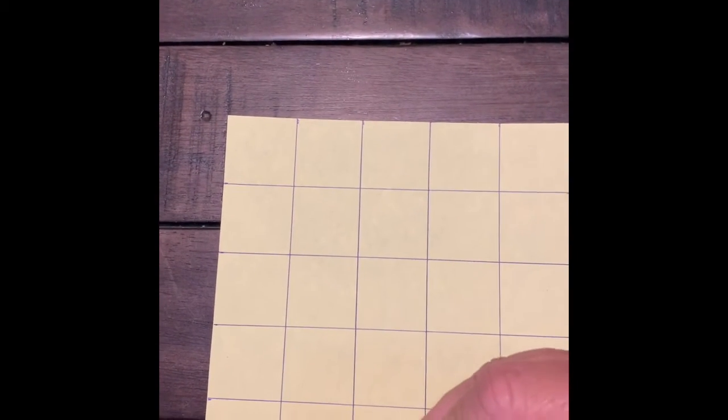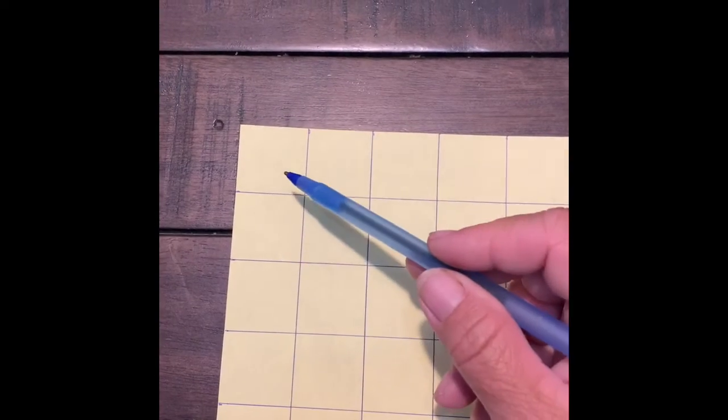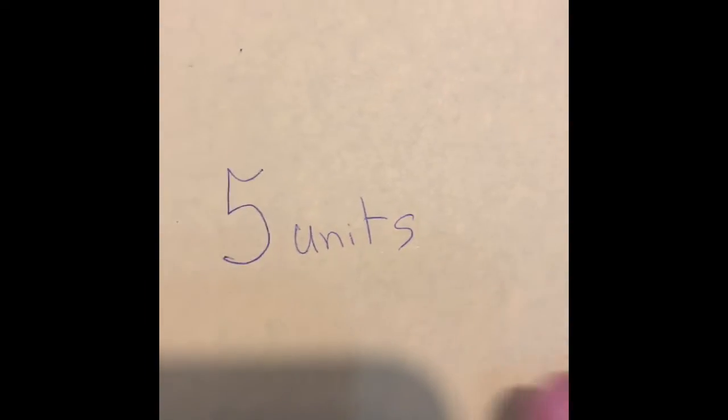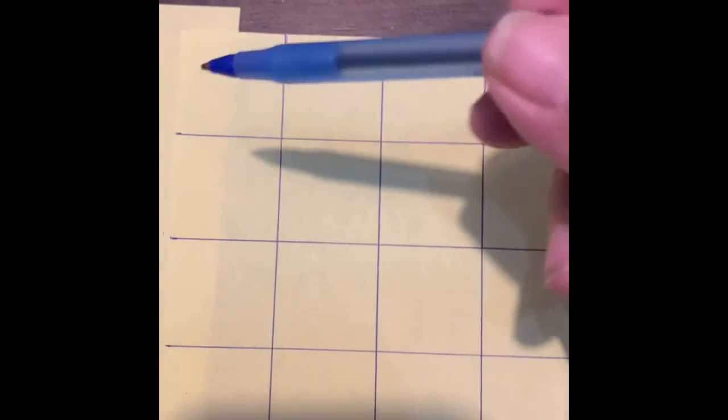In order to do that, I'm going to see how many squares I have on this side. 1, 2, 3, 4, 5. 5 squares on this side. And they're going to be 5 square units, so I'm going to call them units.